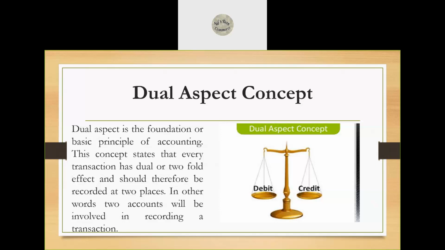So dual aspect concept says that every transaction will have a double effect. It will have dual or twofold effect and should therefore be recorded at two places. So in accounts, for every transaction there will be a double effect: debit and an equal amount of credit, or plus minus on the debit side only or plus minus on the credit side only. So a transaction will always have a double effect.